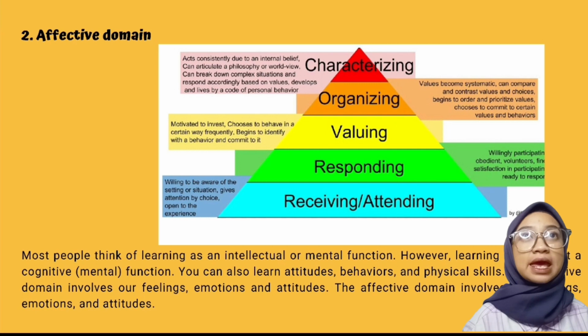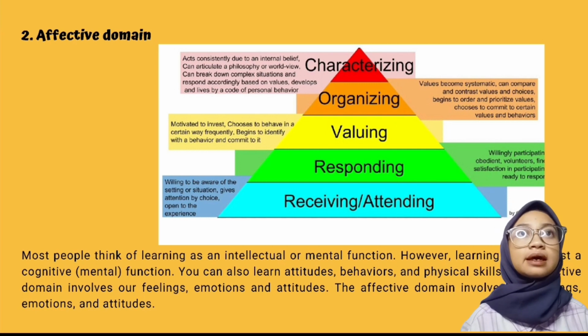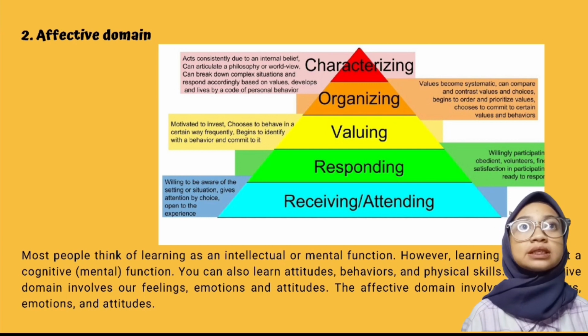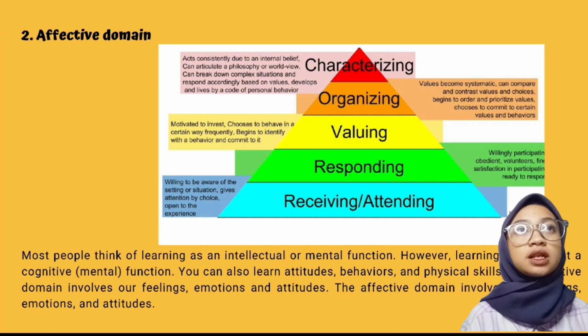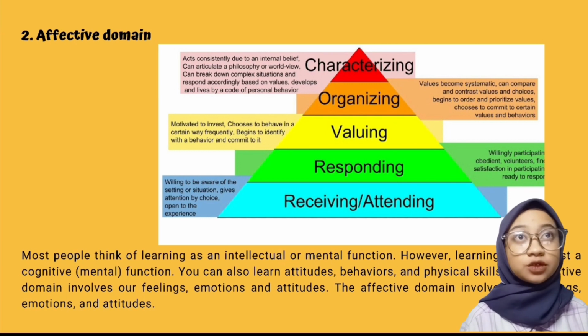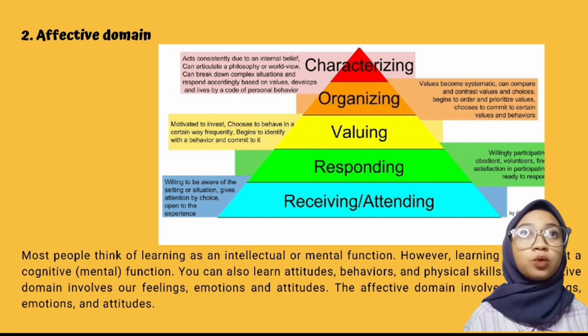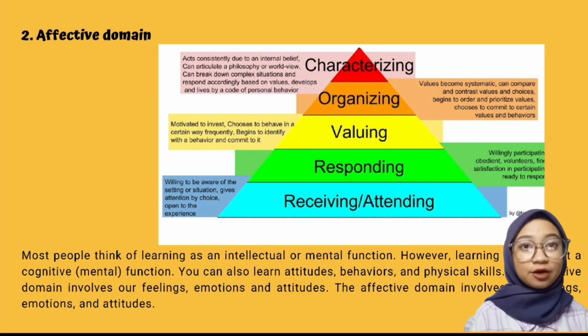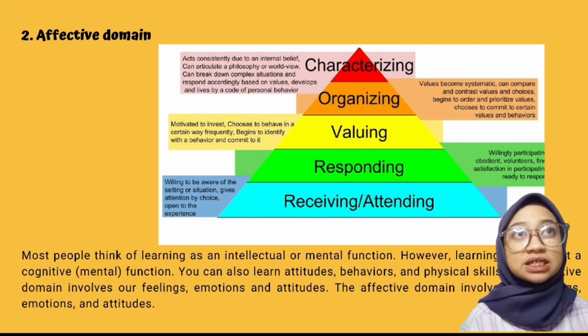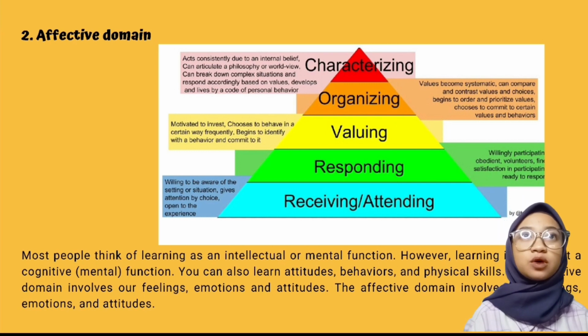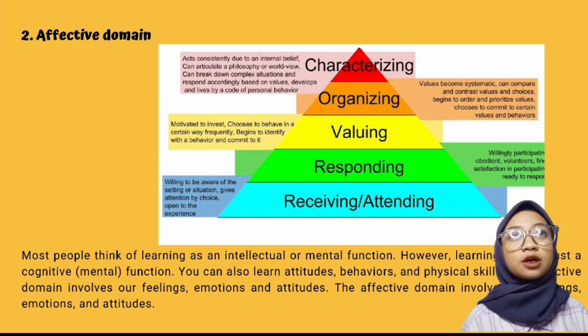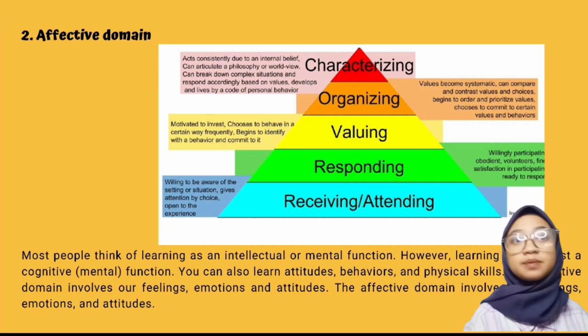Characterizing means acting consistently to an internal belief, can articulate a philosophy or worldview, can break down complex situations and respond accordingly based on values, develops and lives by a code of personal behavior.